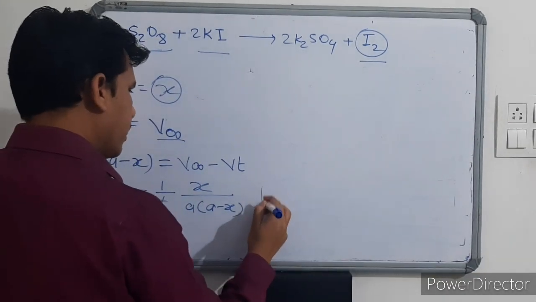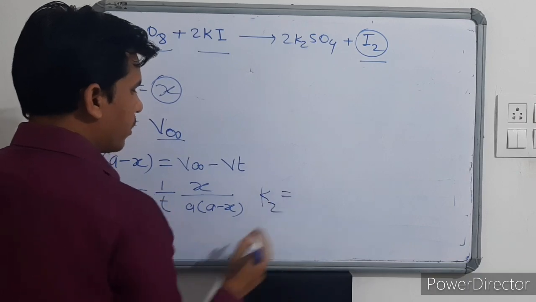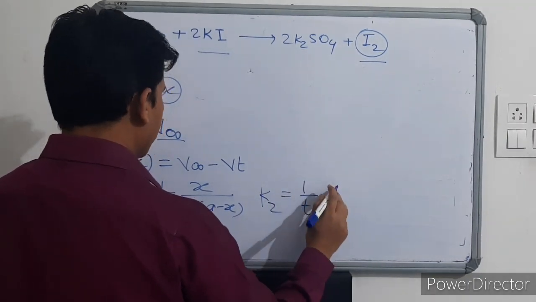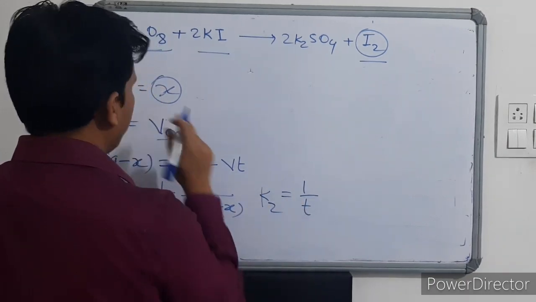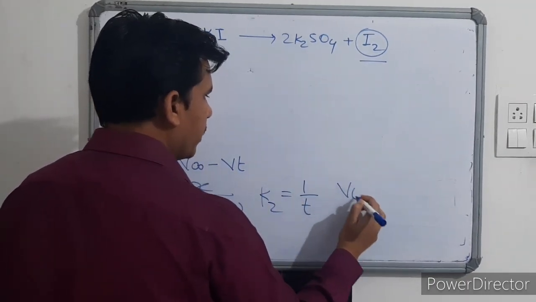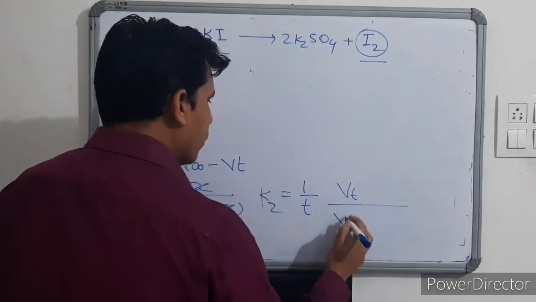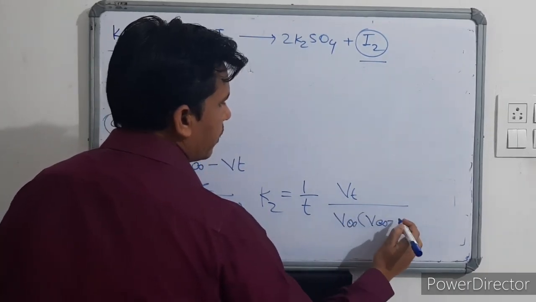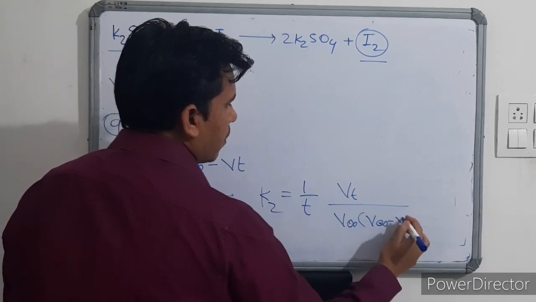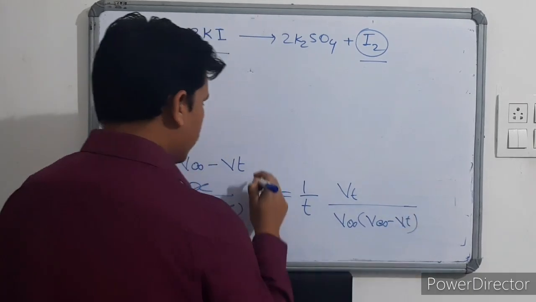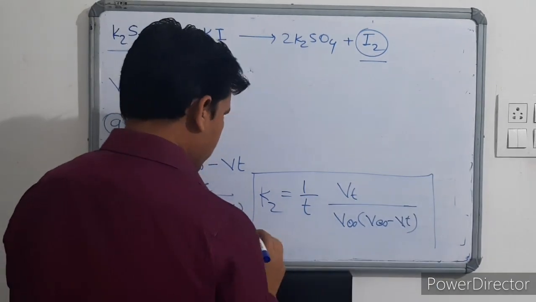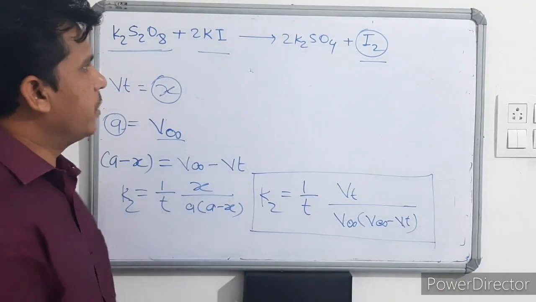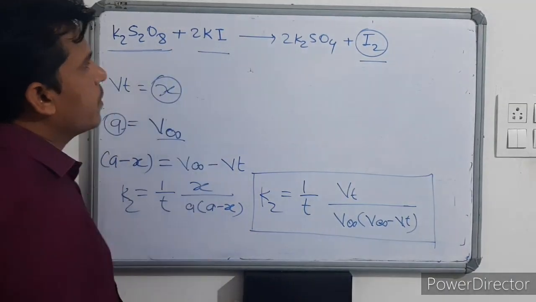So K2 is equal to 1 upon t into Vt upon V infinity into V infinity minus Vt. Now this equation we have to use for the determination of the rate constant for the reaction between potassium persulfate and potassium iodide.